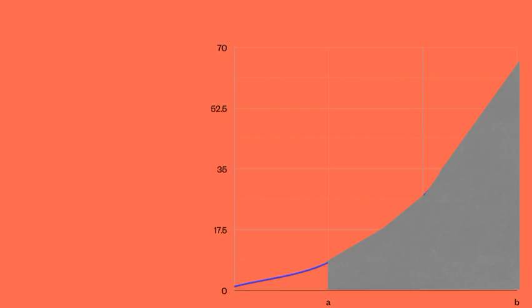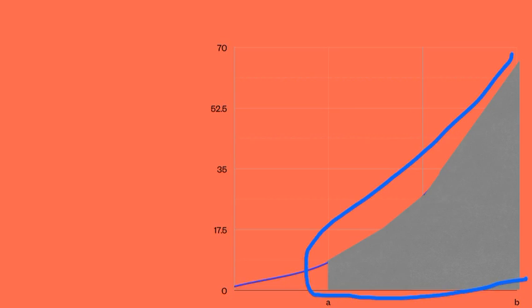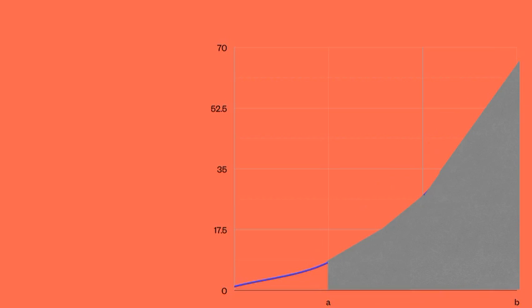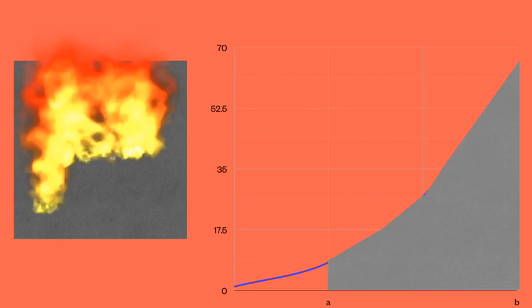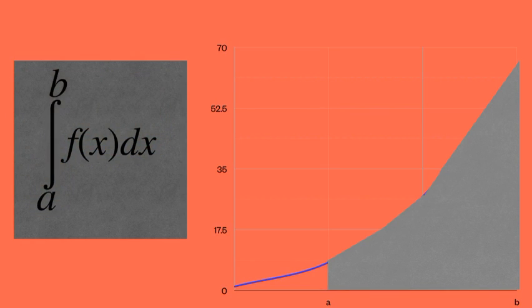And the way you would write this, and let's just set it in stone, is this. The integral of f of x over the interval a to b is whatever. It's b.